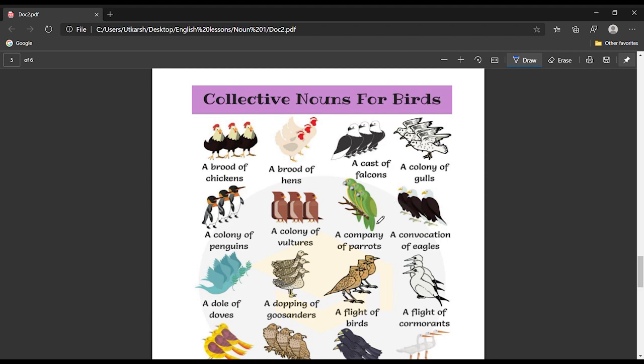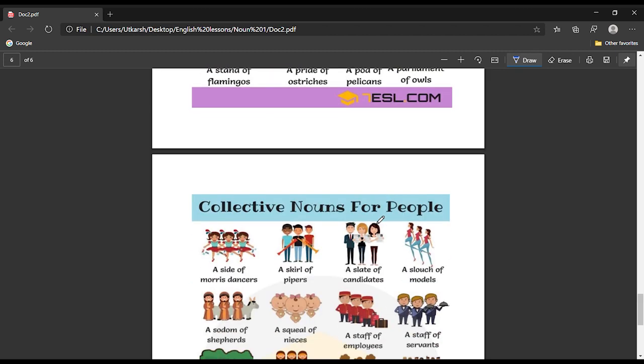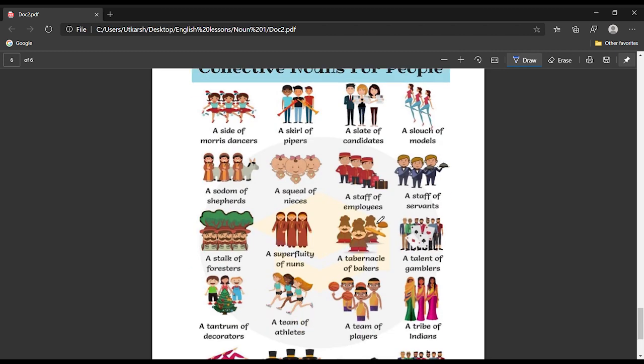Interesting, isn't it? Now, we can move down to some other collective nouns for people. For example, a side of Morris dancers, a type of dancers, they are called a side of Morris dancers. A skirl of pipers, people who are using pipes as an instrument, they are called a skirl of pipers.